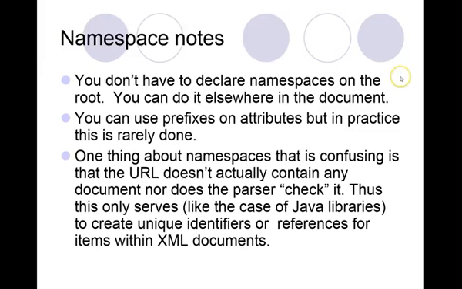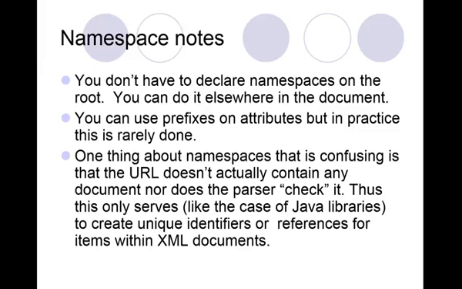You don't have to declare namespaces on the root, although it's common to do that. And it's possible to use prefixes on attributes, but in practice that's usually not done. One thing that's a little confusing about namespaces is the URL doesn't have to actually contain any actual document.